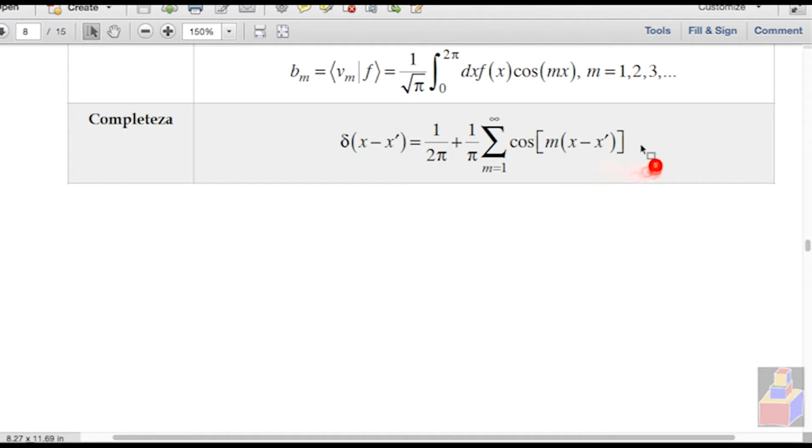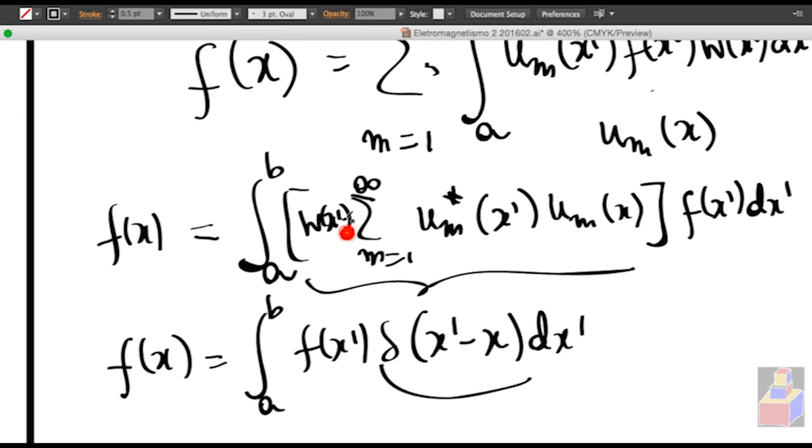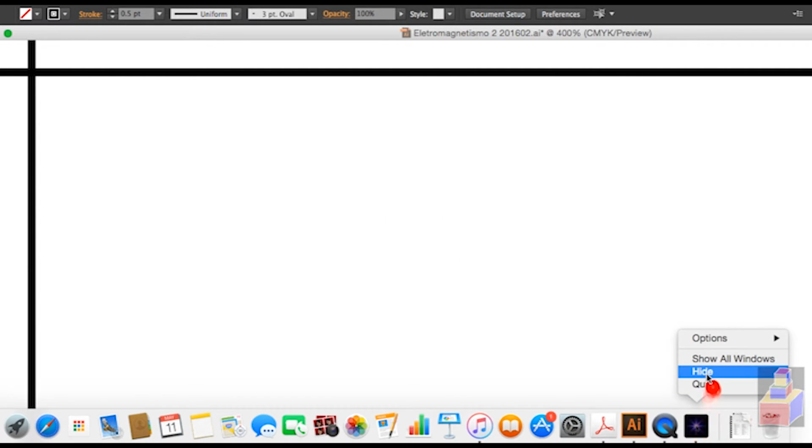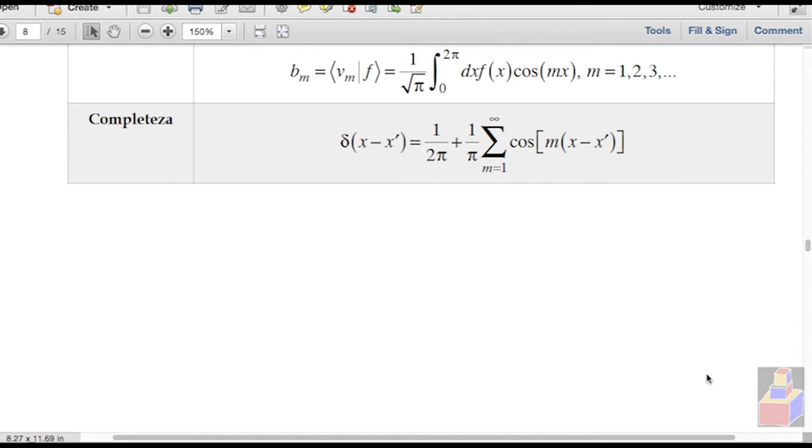However, there's a missing term here that I didn't write, but I should have written. I didn't write it because this missing term is 0, okay? But for simulation, it's important. So this completeness, I could write like this. I'm going to write it here, so you remember this when you do your homework, your assignments. The only change that I will add is a term like this one, replacing cosine by sine.